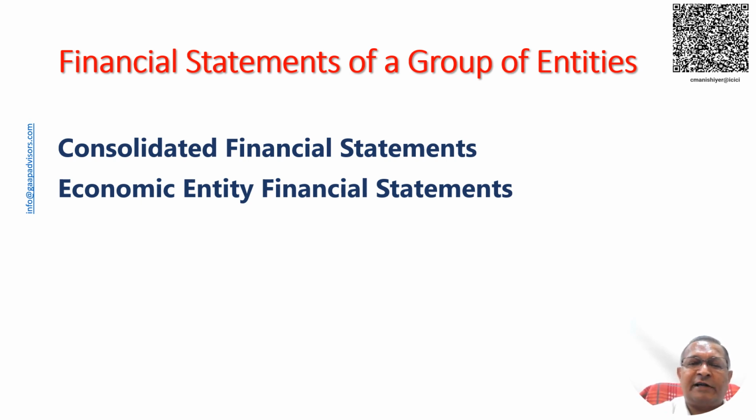Those financial statements are economic entity financial statements. However, Ind AS 28, Investments in Joint Ventures and Associates, does not define economic entity financial statements. Accordingly, practically such financial statements are also called consolidated financial statements.